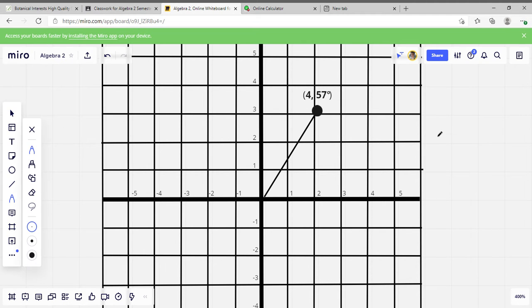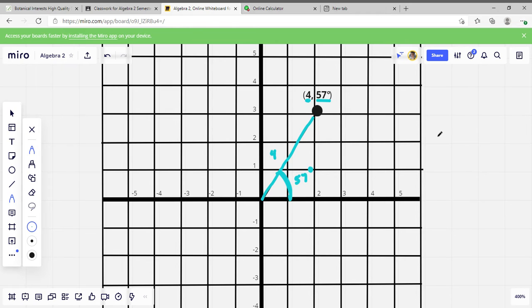And if you have taken physics, then you've probably dealt with vectors before. All right, so that means that this line, this 4 right here, means that the length of this line is 4. Okay, that's 4 long. And then this 57 right here means the angle from there to there is 57 degrees. Okay, that's all that means.